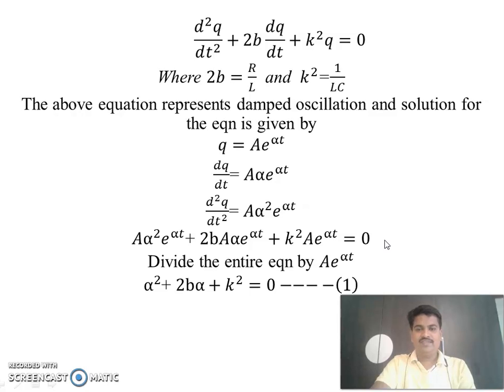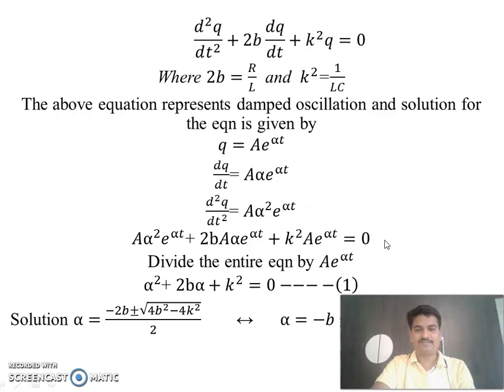Now the solution of this kind of quadratic equation can be easily obtained by the standard formula. It says that x is equal to minus b plus or minus root of b square minus 4ac divided by 2a. Now I'll apply the same formula for this quadratic equation.